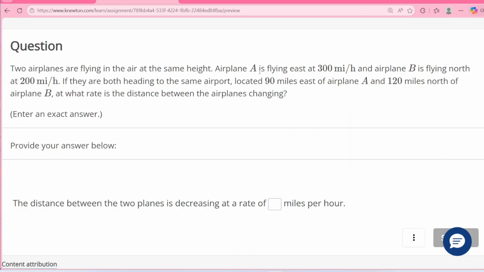That'll be dA/dt, I'll call it. And airplane B is flying north at 200 miles per hour. If they are both heading to the same airport, located 90 miles east of airplane A and 120 miles north of airplane B, at what rate is the distance between the airplanes changing?